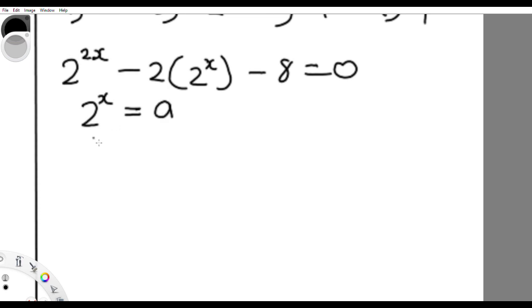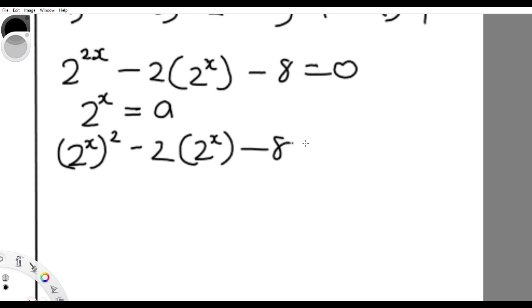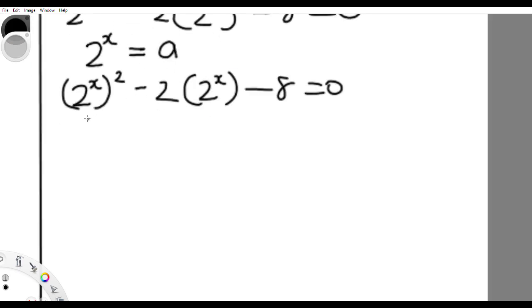Let's take it as a. Now let 2 raised to x be a: a squared minus 2a minus 8 equals 0.